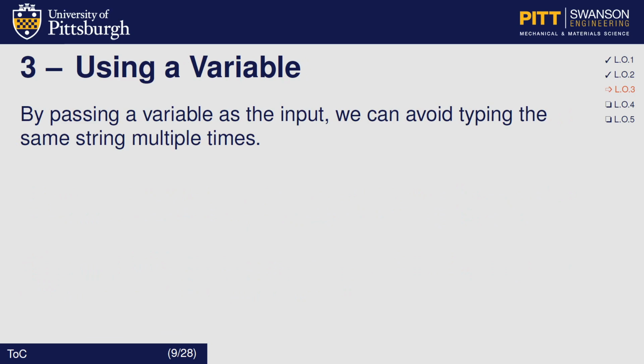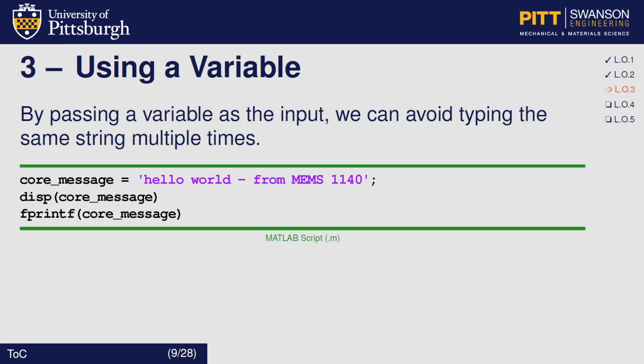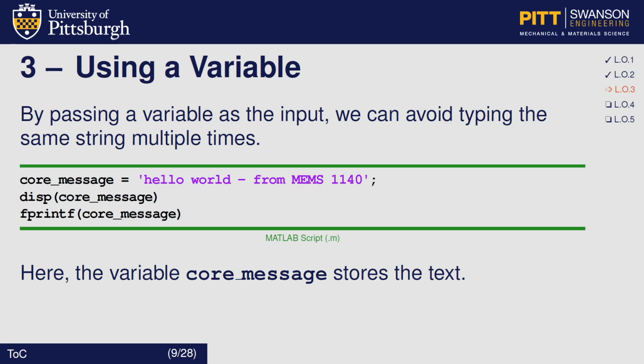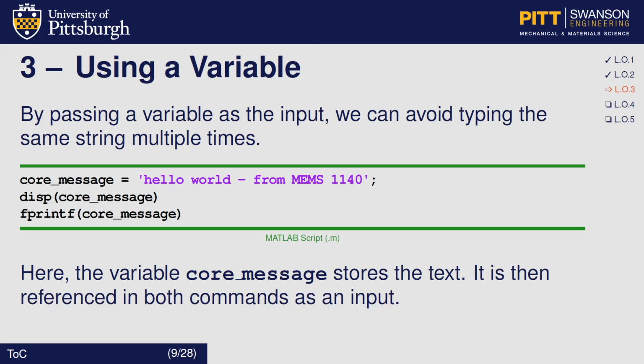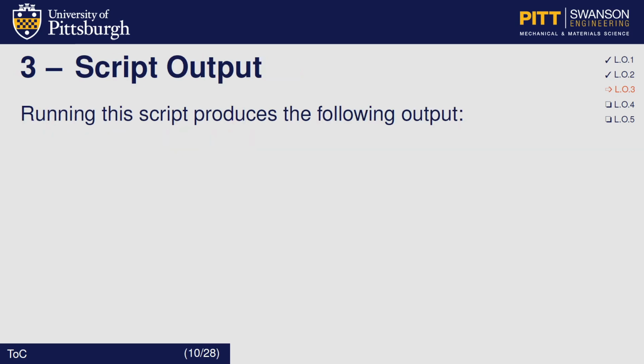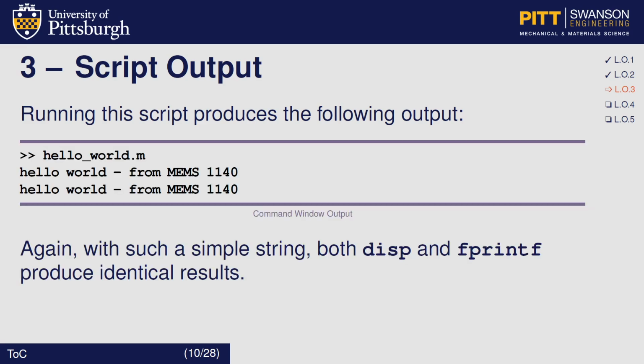By declaring a variable with the message text and passing that as an input to both commands, we avoid having to type the same text twice. Here, the variable core message stores the text, and it is referenced by both commands as an input. The output of these two commands is shown here. Again, with such a simple string, both commands produce identical results.